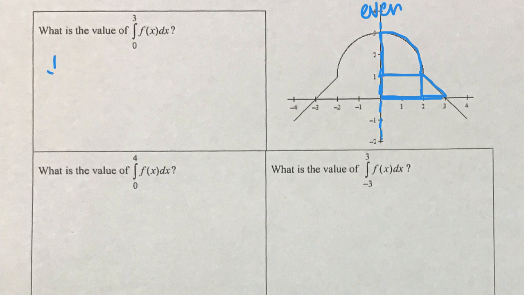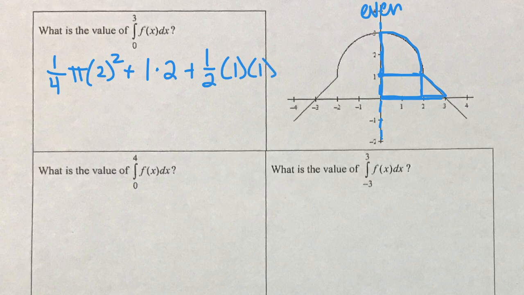So it's the sum of our quarter circle, so 1/4 of pi r squared, with a radius of 2. Okay, the radius is 2 from your center to your edge, plus our rectangle, which has a height of 1 and a width of 2, plus our triangle, which is 1/2 of base times height, 1/2 of 1 times 1.